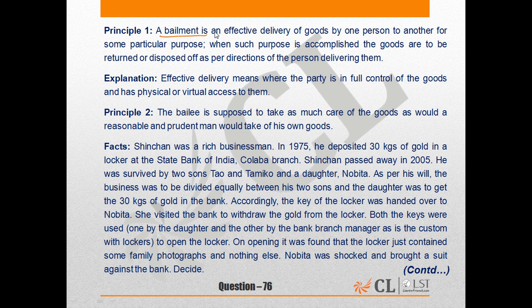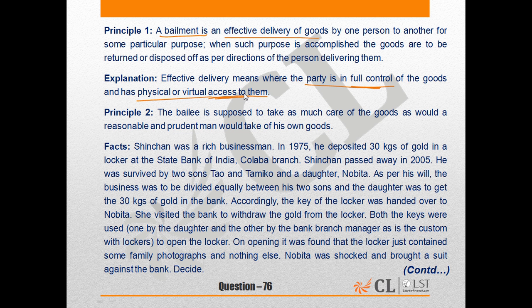Now over here the principle says bailment is an effective delivery of goods. The explanation tells you what is an effective delivery. Effective delivery means where the party is in full control of the goods and has physical or virtual access to them. So the first thing is full control, and the second thing is access to those goods.